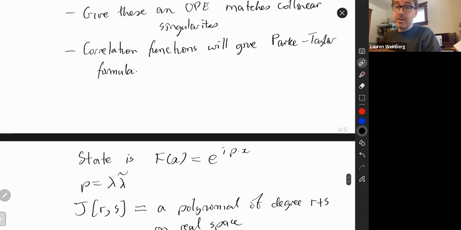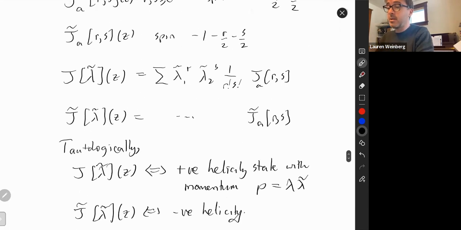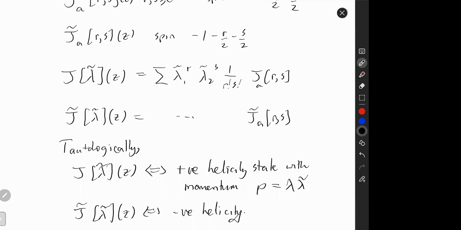So therefore, this infinite sum up here is just the expansion of the exponential. Yeah, and I guess the coefficients J, R, S would delineate what sort of helicity particle you have, right?